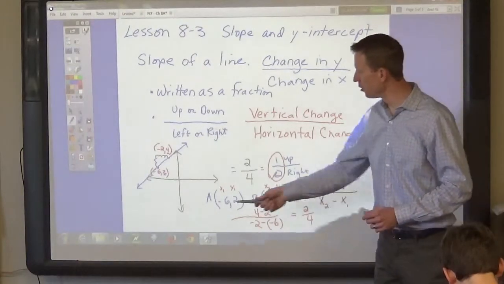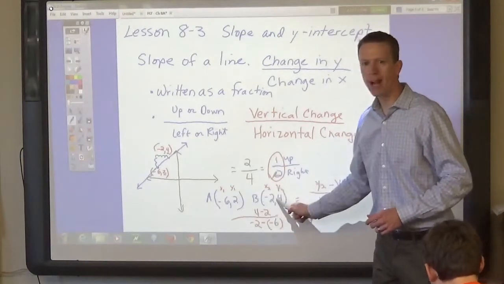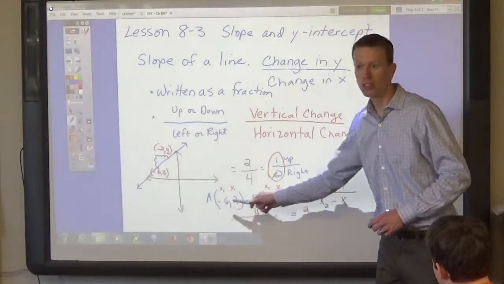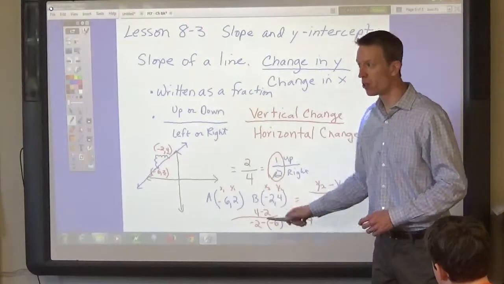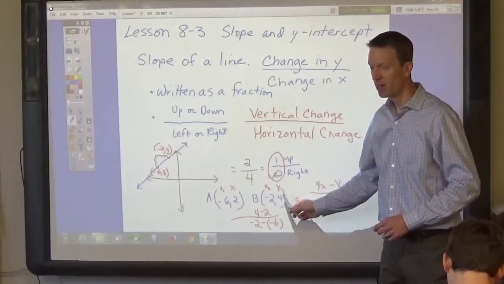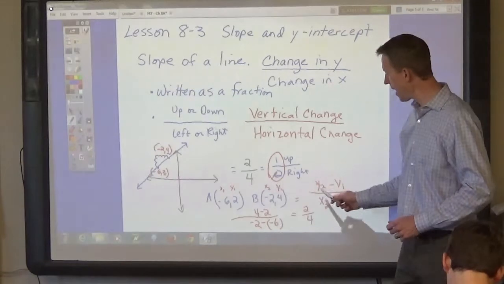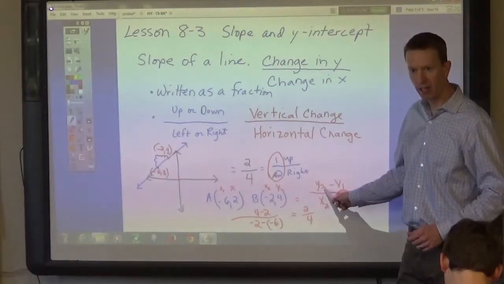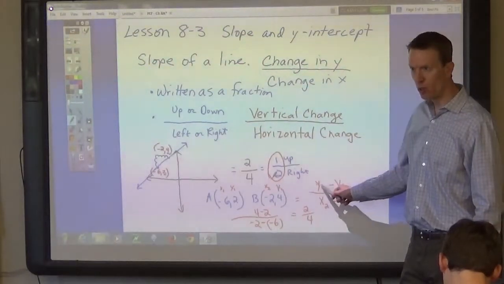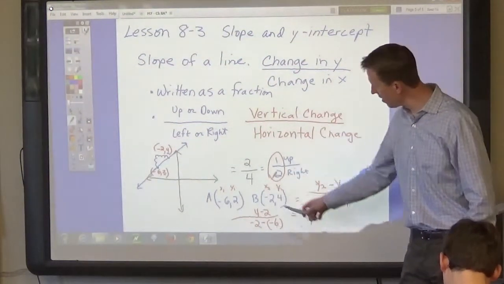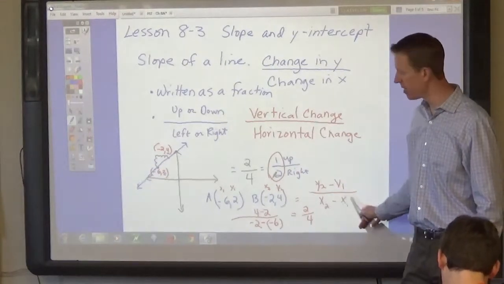Now, if you're just given the coordinates, you don't have to graph these in order to count and then find the slope. If you're just given the coordinates, you can find the slope by subtracting the y coordinates. And when you subtract the y coordinates, you have to keep the same order. That's why with the second coordinate of y, you do y2 minus y1, and then on the bottom, x2 minus x1.